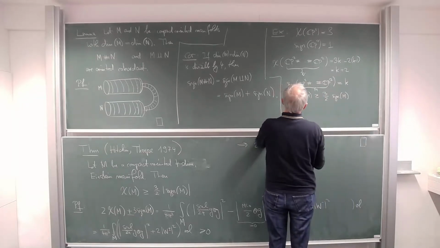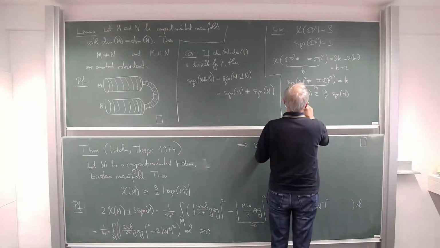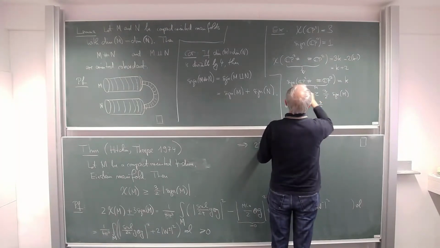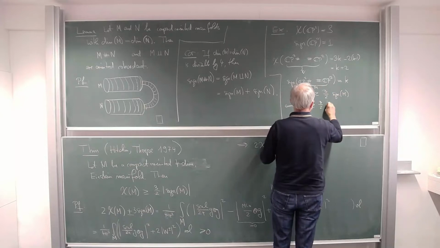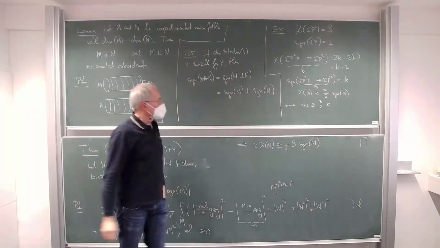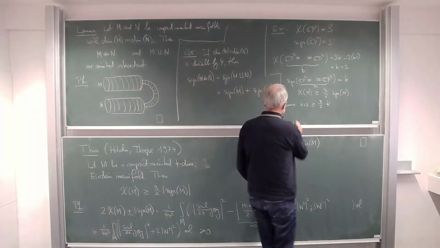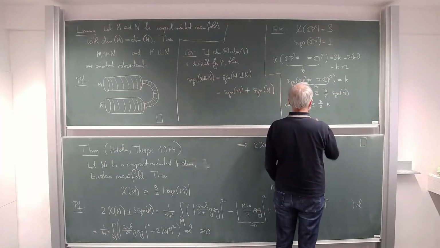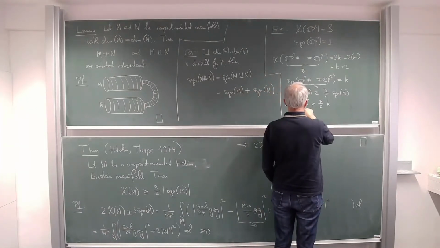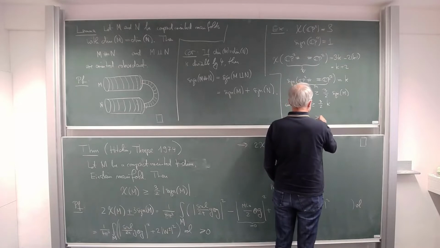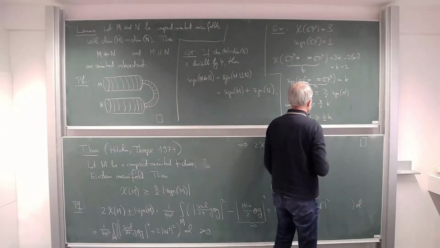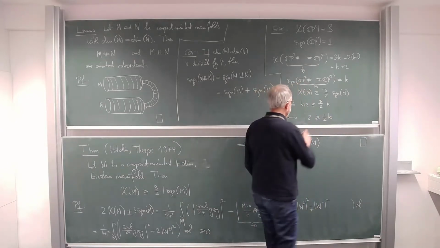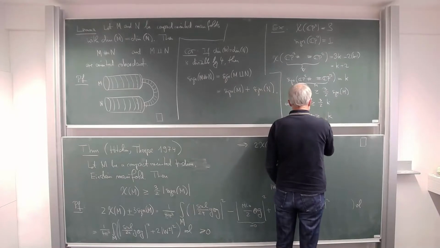Here we have k plus 2 is larger than or equal to 3/2 times k. And so that is equivalent to saying, well, here we have 3/2 k, we subtract 1 k, then we are left with 1/2 k, and here we have 2, and we can multiply the whole thing by 2, and we get 4 here.